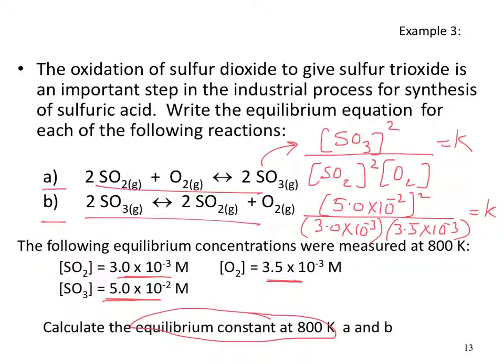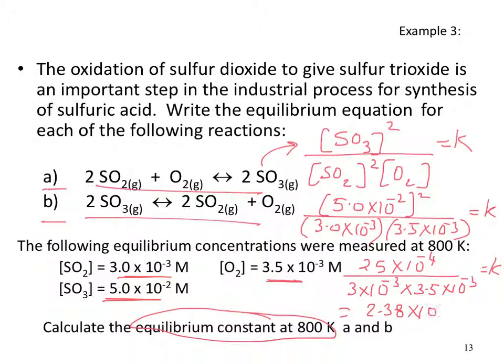And so this will be 25 times 10 to the negative 4. And you can punch in directly. I'm just showing all steps. And when I plug in the numbers, I'm getting 2.38 times 10 to the power of 2.